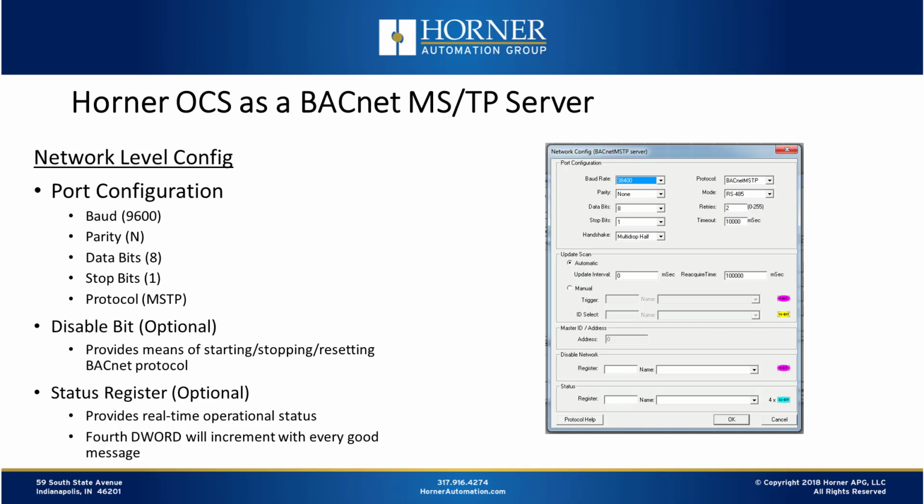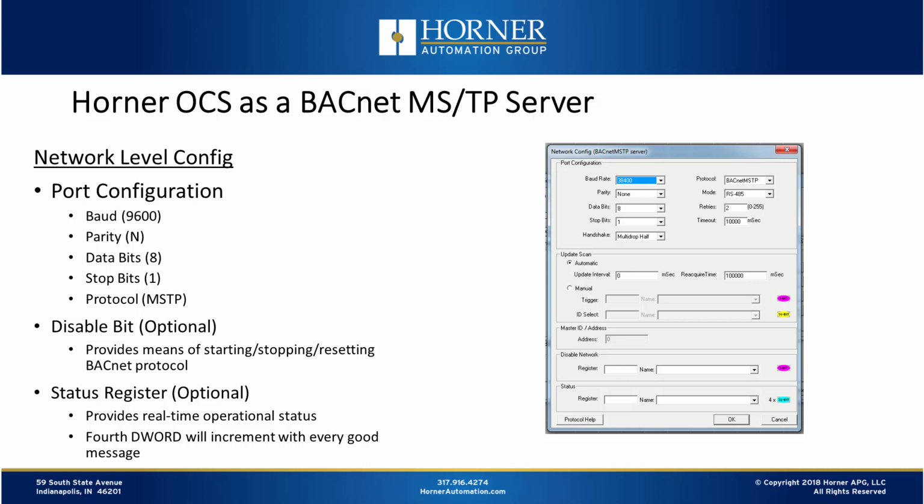But let's say that you are installing our product as an MSTP server. The first step is you do need to match the port configuration with what's happening on the network, getting the baud rate, parity, etc., set to appropriate levels. Now, if you're using Service Pack 9.9 Service Pack 3 or later, then you have the ability to start, stop, and reset the BACnet interface on demand through the use of a disable bit.